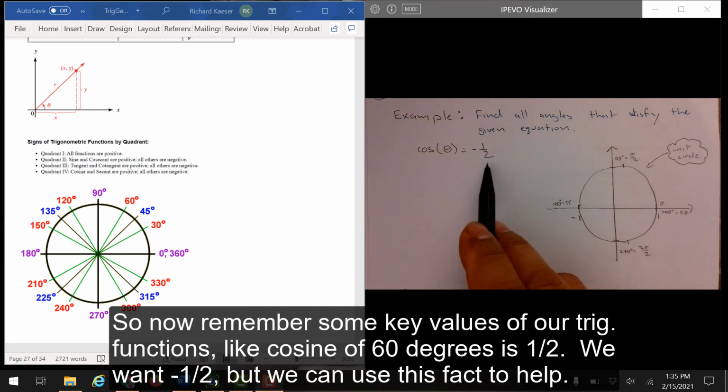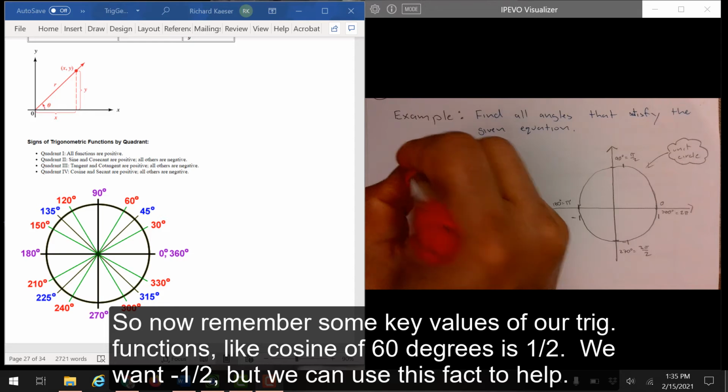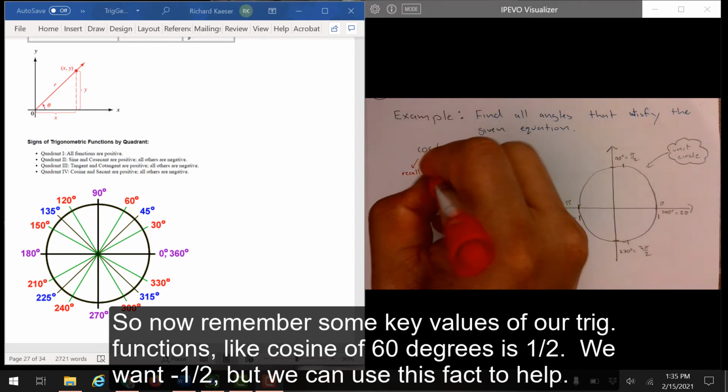So now remember some key values of our trig functions, like cosine of 60 degrees is 1/2. We want negative 1/2, but we can use this fact to help.